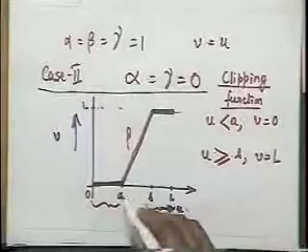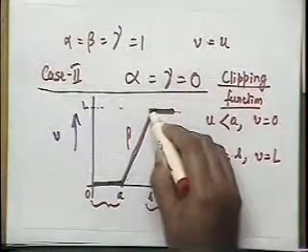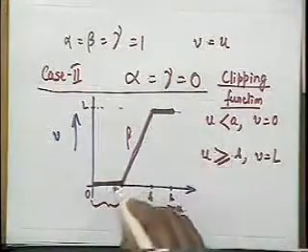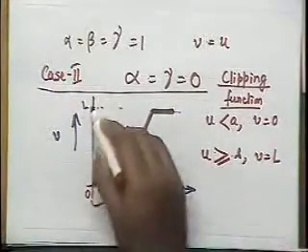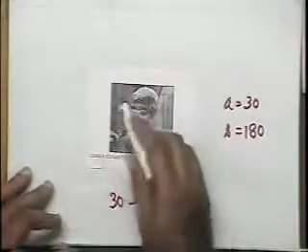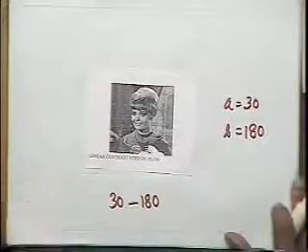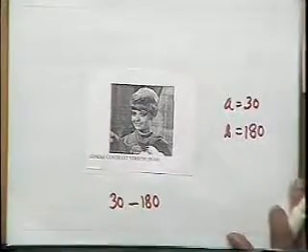Look at this curve once again. A is equal to 30 and B is equal to 180, and we have stretched it from 0 to 255 over here, and by doing that we have obtained a linear contrast stretching. Just compare this image with the original one.